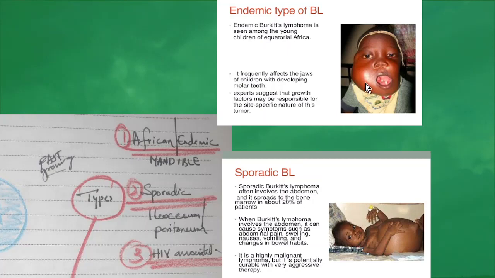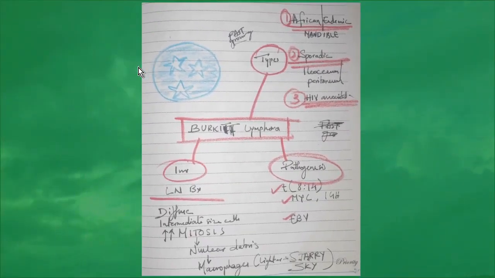It affects the mandible, presenting as a mass in the mandible, and sporadic Burkitt's presents as an ileocecal mass usually, or peritoneal mass like this. Third category is HIV-associated Burkitt's. In pathogenesis, most of the Burkitt's are due to translocation of 8 to 14 or MYC-IGH, and EBV is often considered to be an etiological factor.